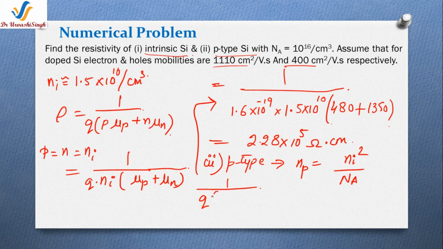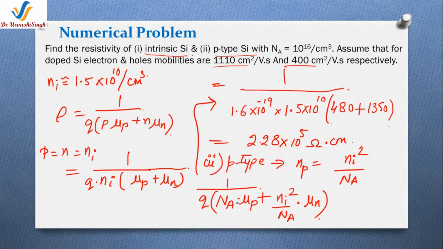I will use the concentration of the acceptor atoms multiplied by the mobility of the holes, and then Ni square upon Na, which is the concentration of the electrons, multiplied by the mobility of the electron in the doped semiconductor. Put in the values and find out what the result will be. You can write it in the comment section.